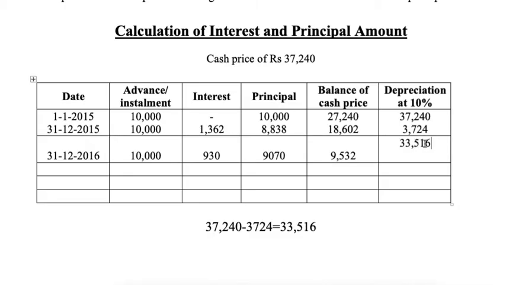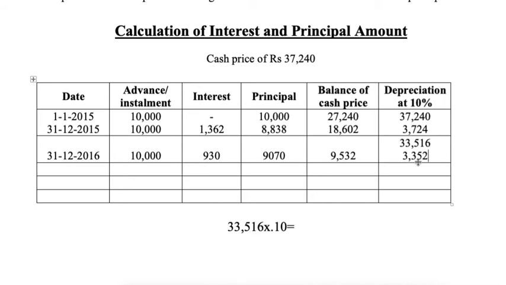We are using the reducing balance method, not the straight line method. At the end of the year we are going to charge depreciation on this amount, that is 33,516. 33,516 into 10%, it will be how much? 3,351.6, so we are going to round it up.